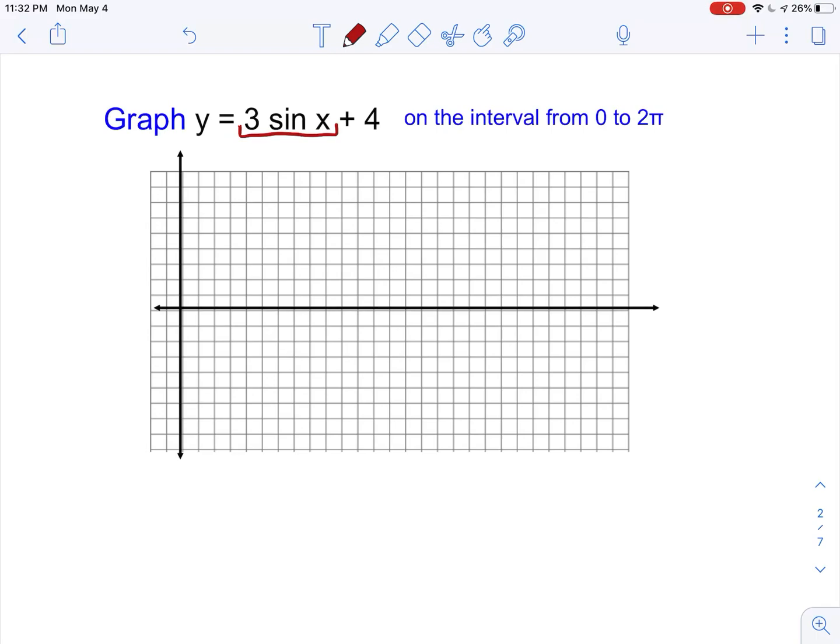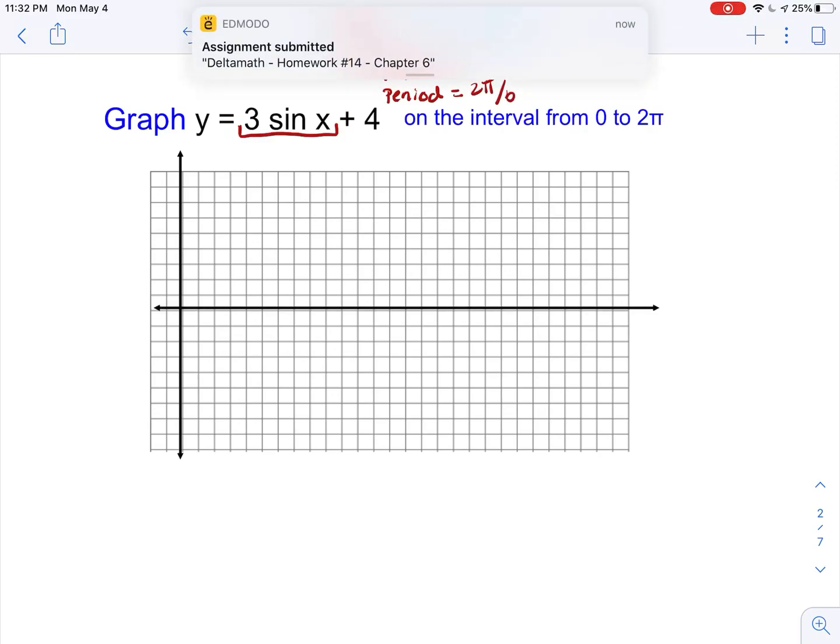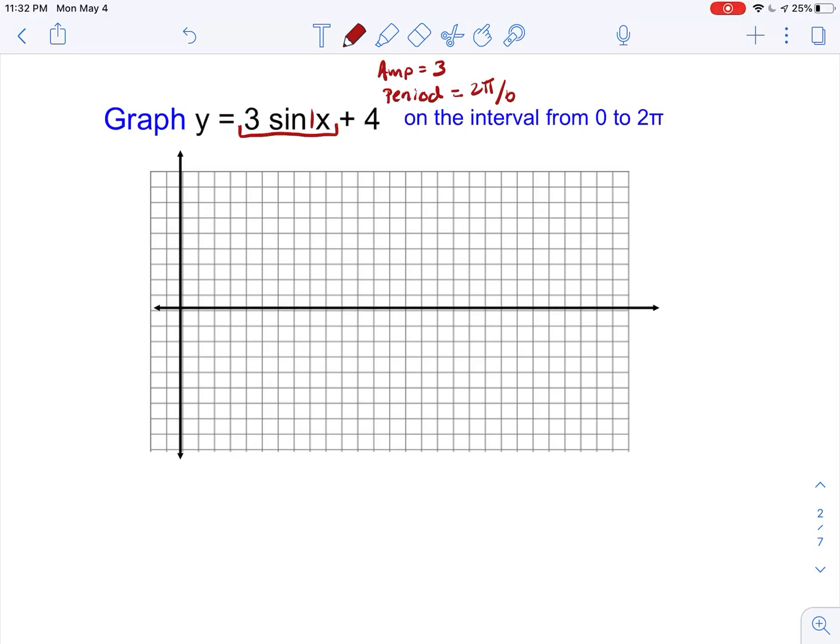Now, up until this point, we only talked about graphing equations like 3 sine of x. And what did we need to be able to graph that? Well, first I needed my amplitude, which is the number in front, 3. Then I needed to find my period, which I found by taking 2 pi and dividing it by the b value, which in this case is a 1.